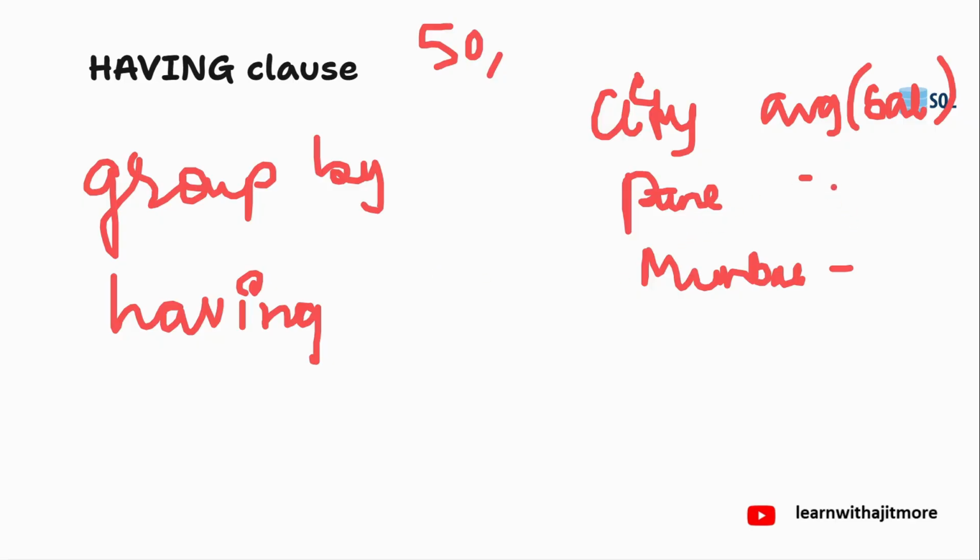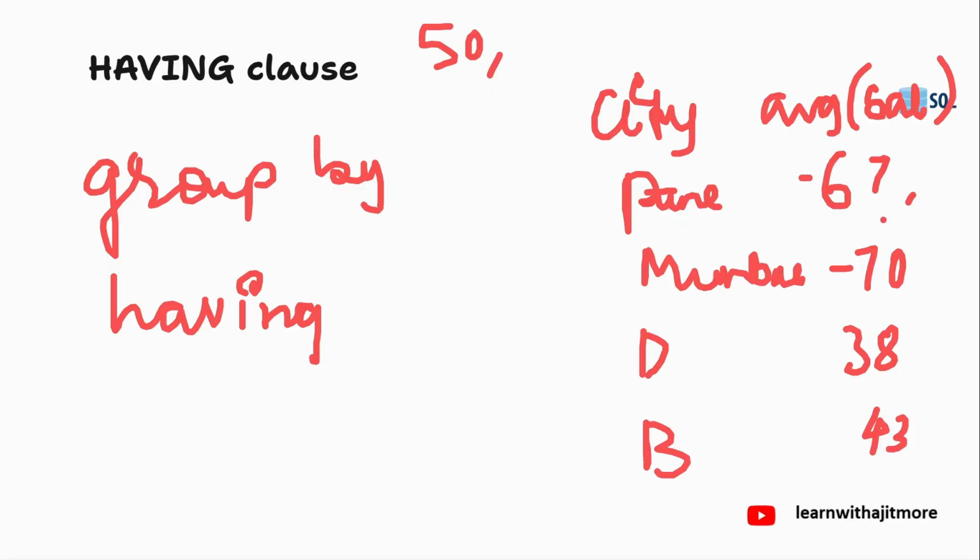Getting? तो पुणे का एवरेज सैलरी सपोज 67,000, मुंबई का मे बी 70,000, दिल्ली का 38,000, बेंगलुरु का मे बी 43,000. ऐसे हर सिटी का एवरेज सैलरी आ गया. अब इसमें से भी मुझे वो सिटीज प्रिंट करने हैं जिनका एवरेज सैलरी ग्रेटर देन 50,000. तो पुणे फिल्टर हो जाएगा, मुंबई भी, दिल्ली रिजेक्ट होगा, बेंगलुरु रिजेक्ट होगा.